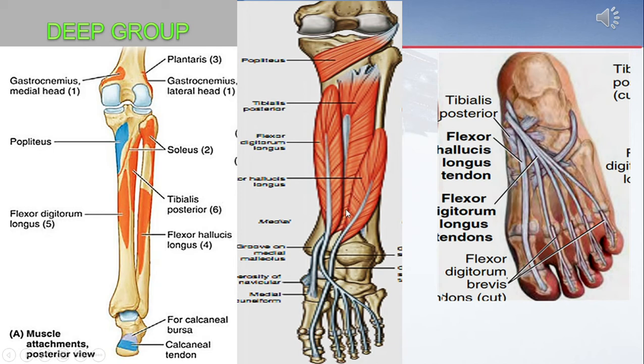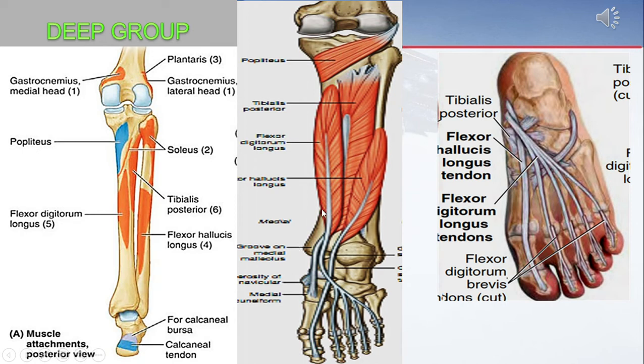Here you can observe that it is going to cross from the lateral side to the medial side deep to the tendon of digitorum, and then it is going to be inserted on the medial cuneiform and the bases of the second, third and fourth metatarsals on the plantar aspect. Some fibers are also attached to the navicular bone on its tuberosity. It's supplied by the tibial nerve, and it is a plantar flexor at the ankle joint and inverter of the foot at the subtalar and mid-tarsal joint.